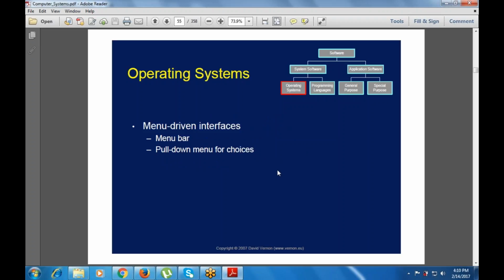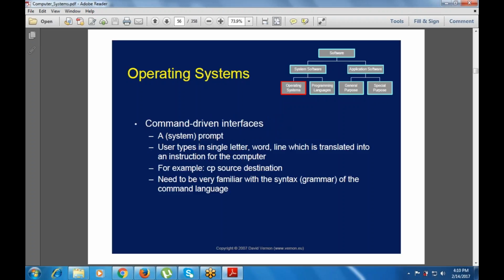Then the command driven interface, which has a system prompt. The user types in a single letter or words, which is translated into an instruction for the computer, for example, CP source destination, to copy the source to the destination. You need to be very familiar with the syntax, that is, the grammar of the command language.